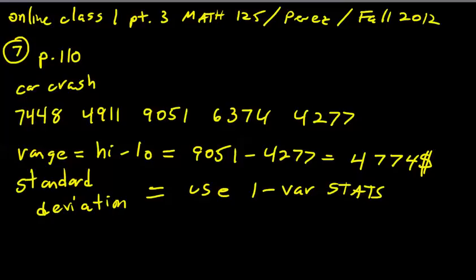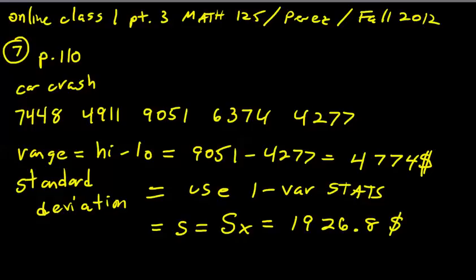Basically, clear out the old data, enter in this new data, and use the commands we illustrated to you last time, and we grind out a standard deviation, which is, again, little s in the literature, cap SX in TI language, and it turns out to be, rounded off somewhat, 1926.8 in dollars. I'll illustrate this in class a bit more when we meet face to face. For standard deviation calculations, best to use the one variable stats command if it's available to you.